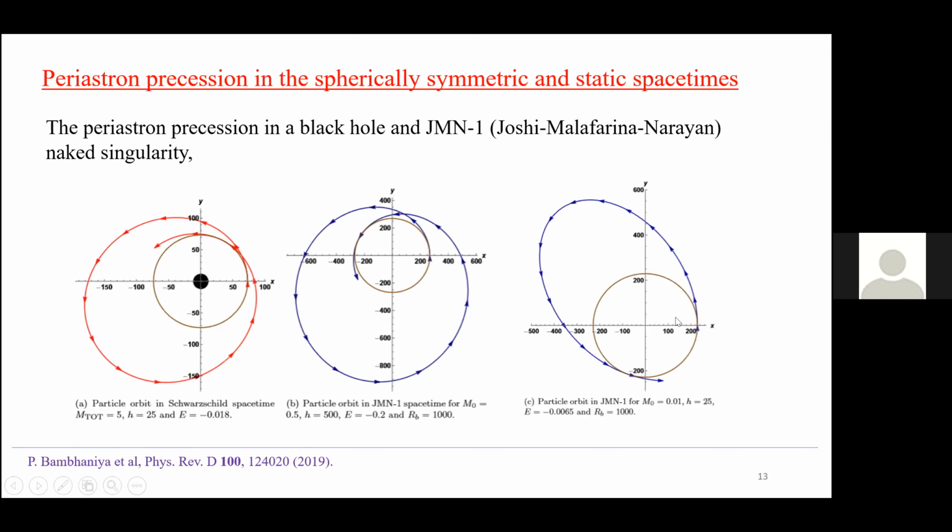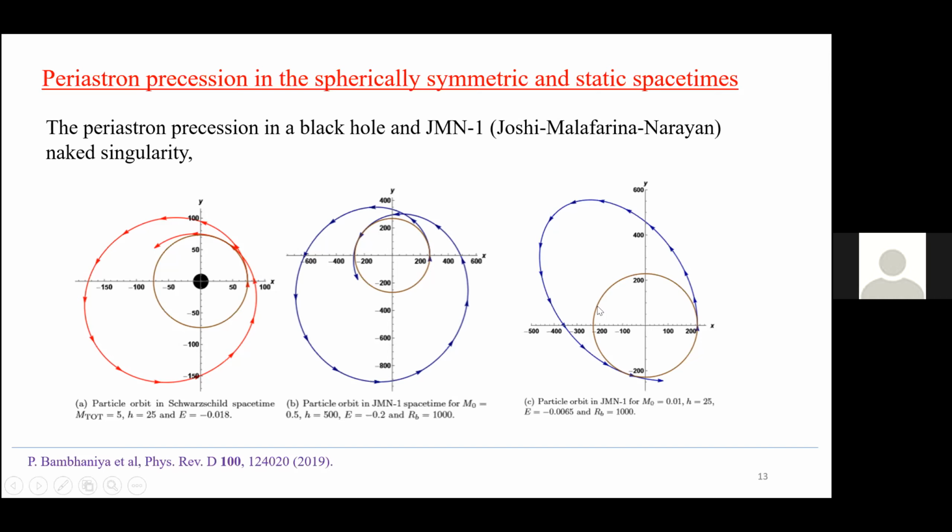Now, to understand the nature of the orbital precession in the spherically symmetric and static spacetime, I have considered here the Schwarzschild black hole and the Joshi-Malafarina-Narayan naked singularity model as background spacetimes.